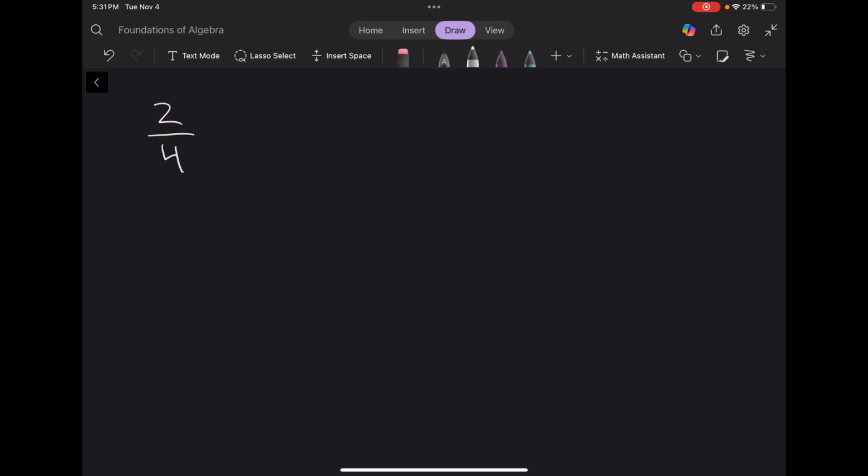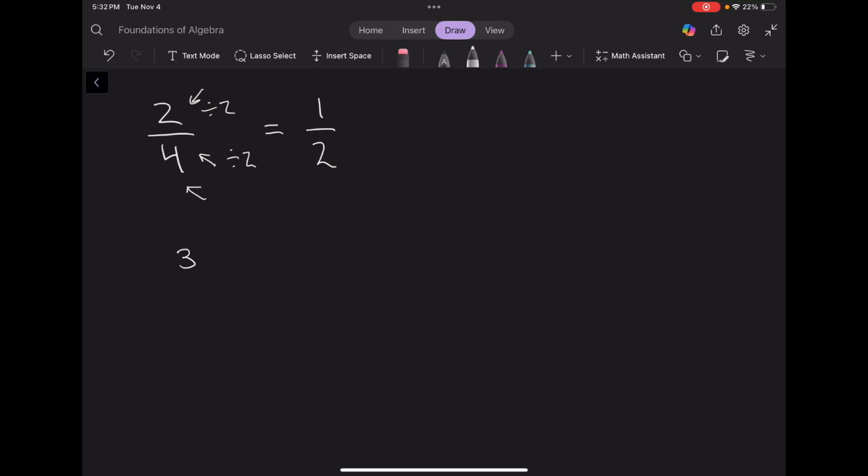And what I mean by that is here we have 2 even numbers, and 2 can be divided by 2, and 4 can be divided by 2. So what we can do is we can break this down and turn it into 1/2. But what we do to the top, we also do to the bottom.